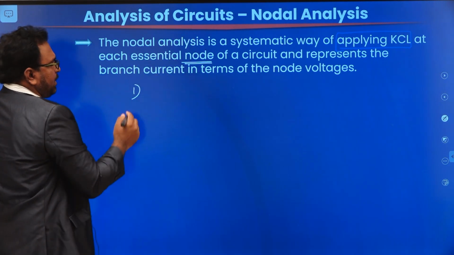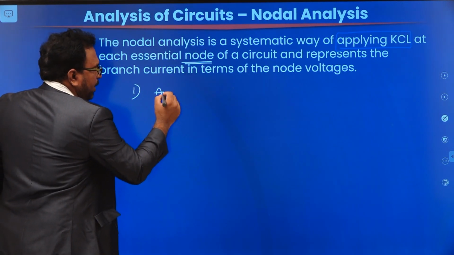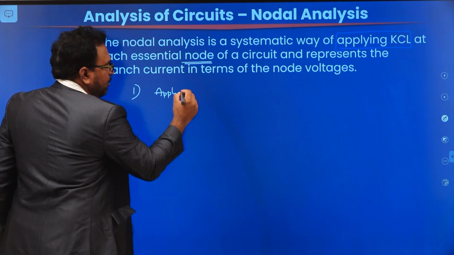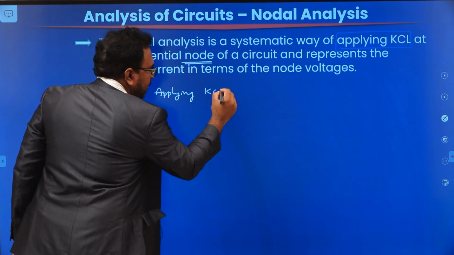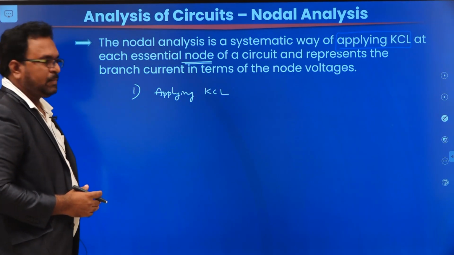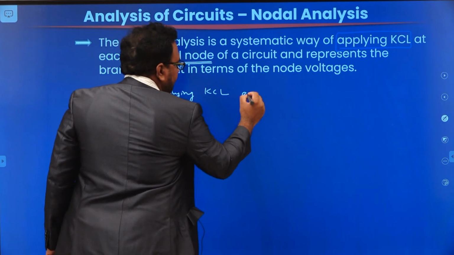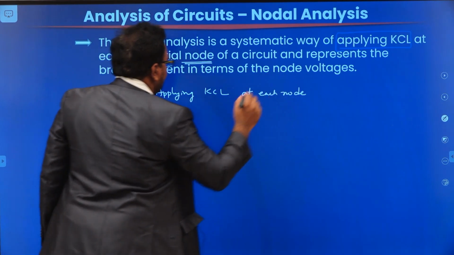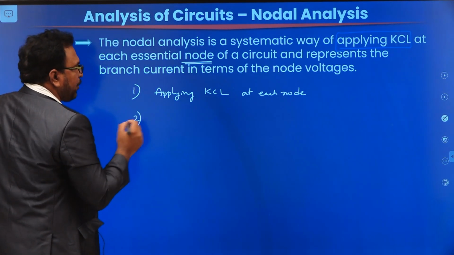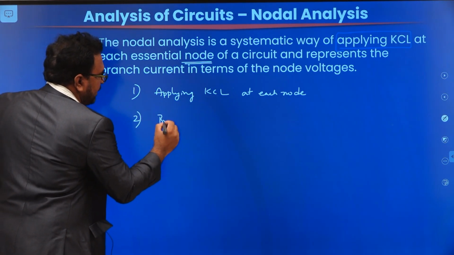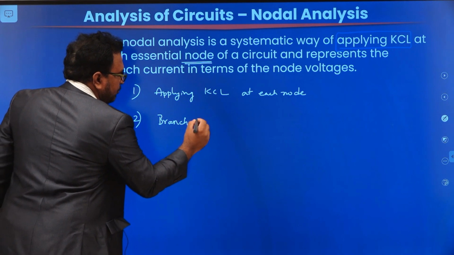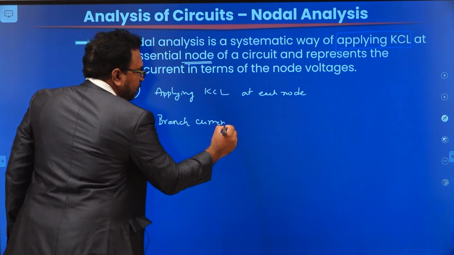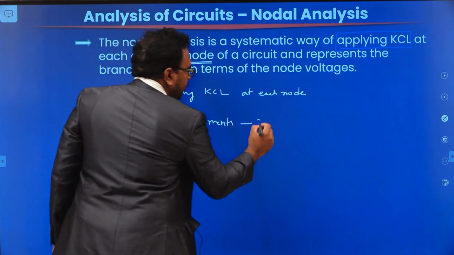So what is basically nodal analysis? We are going to apply KCL in a systematic way at each node. Second, we are going to represent the branch currents in terms of node voltages.